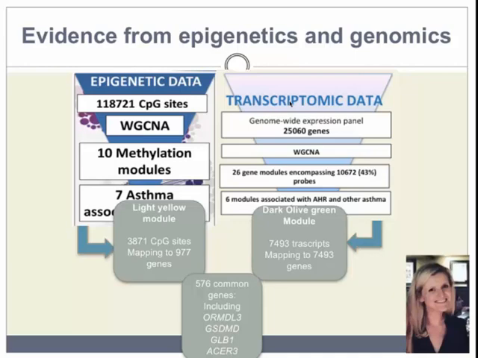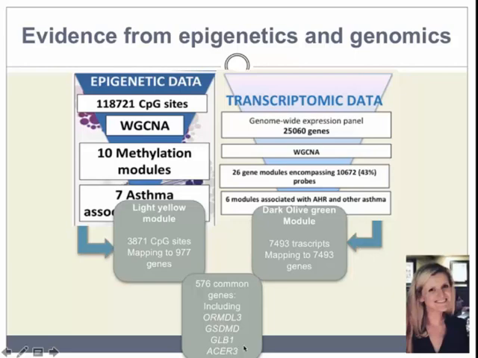to specific genes. And when we do that, some of the strongest genes are listed below here. Among this list is ORMDL3, gasdermin, which is another gene we know is associated with asthma, GLB1, and ACR3.